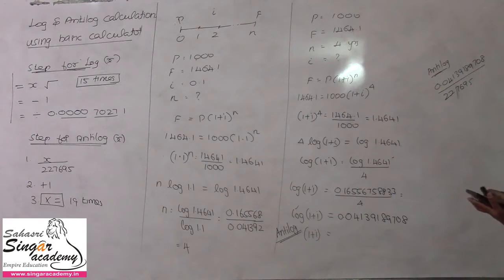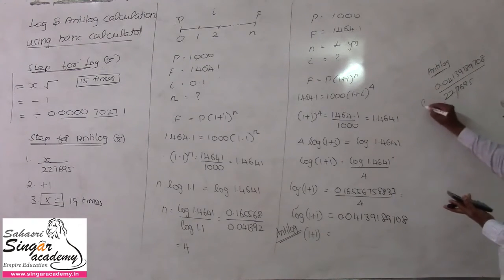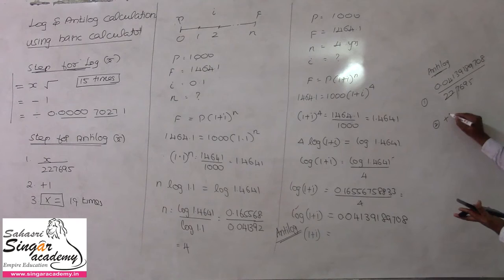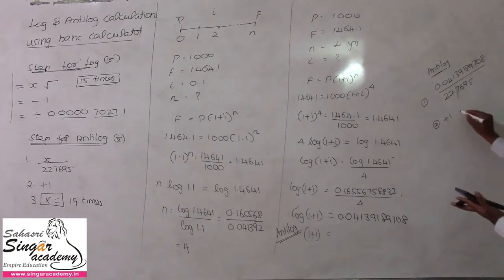The value will be step 1 of this. From step number 2, this value will be 0.00. I have to add that with 1. After adding 1, I am getting 1 point something.